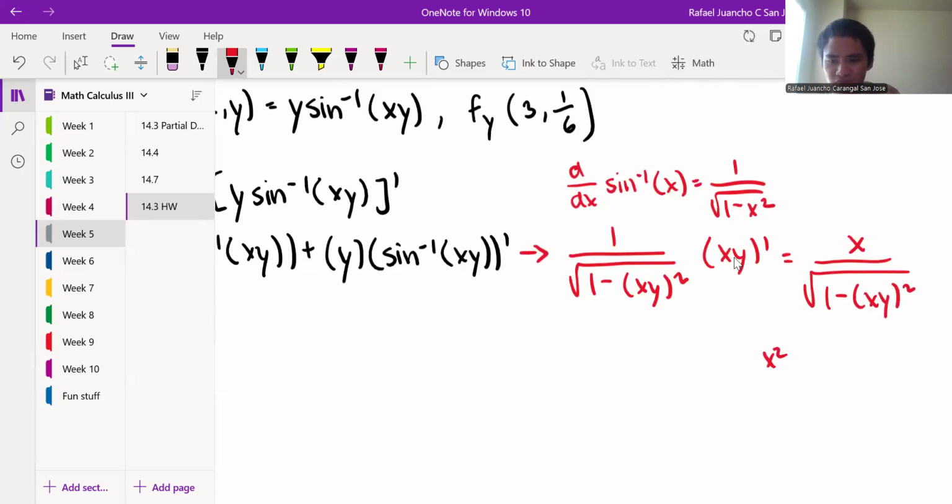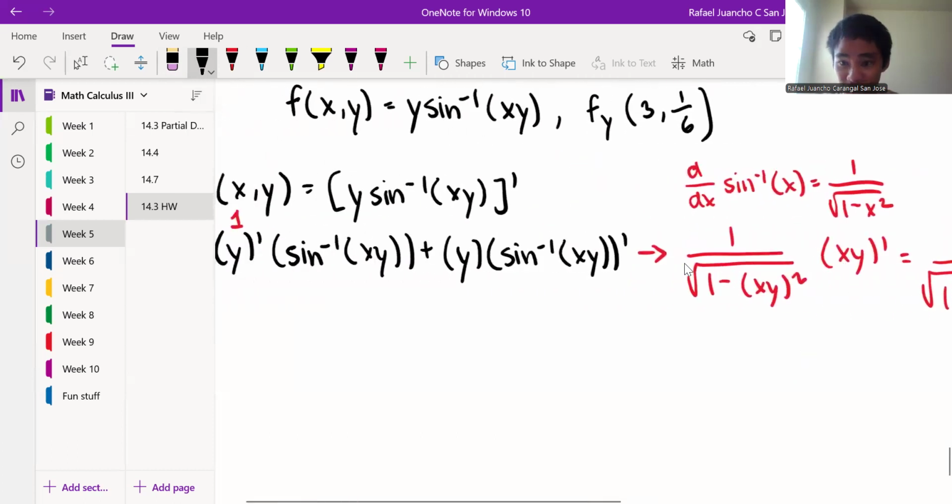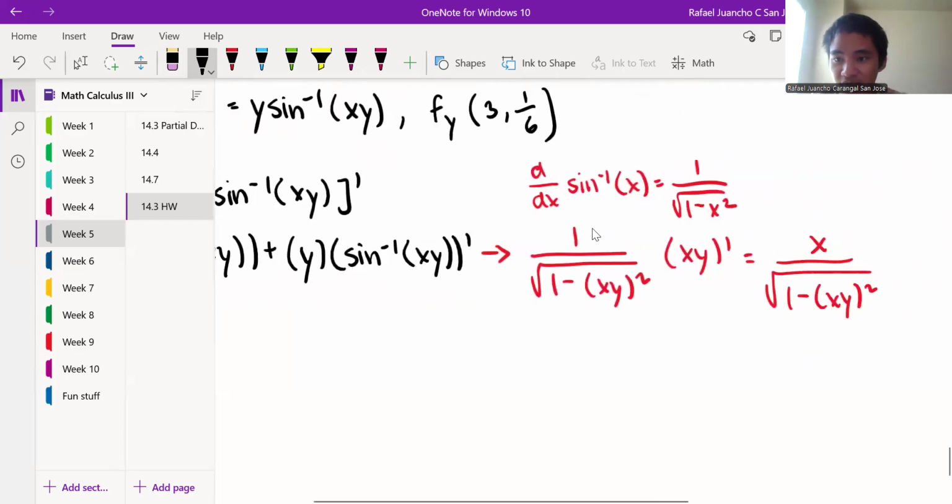I could even do x squared y squared. I could do it like that, but I don't want to. That's fine. Okay, it's just a formula. I'm also taking notes because this might be in a test. I feel like it will be in a test.